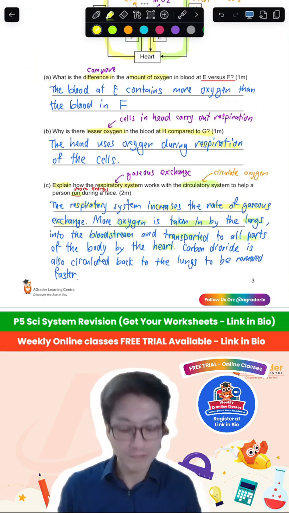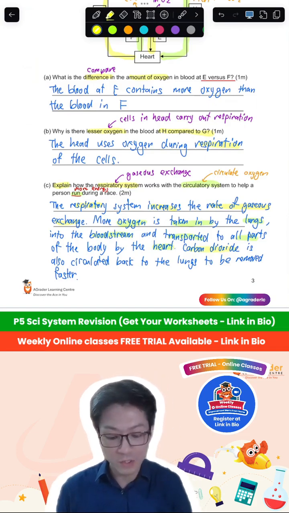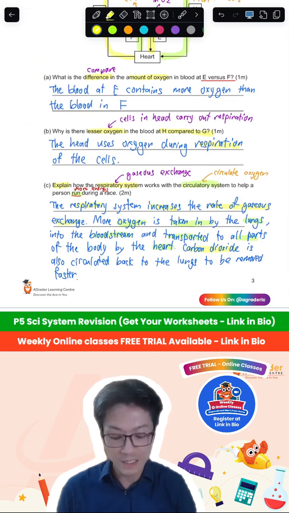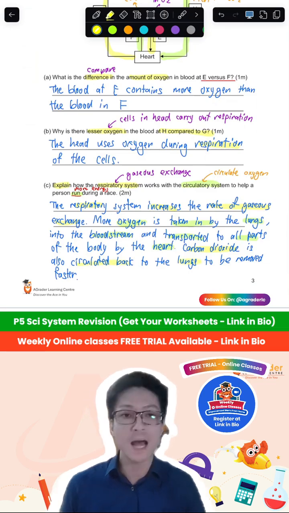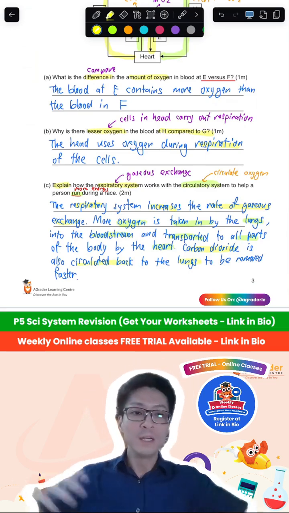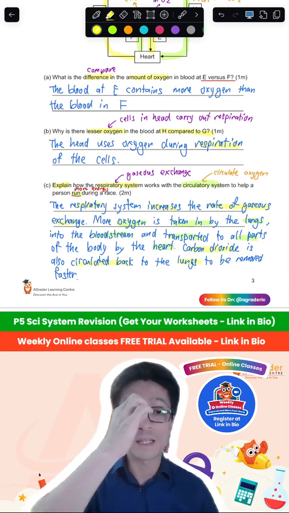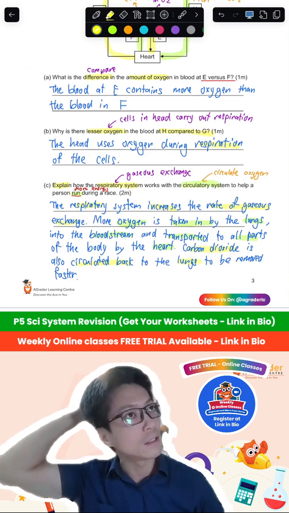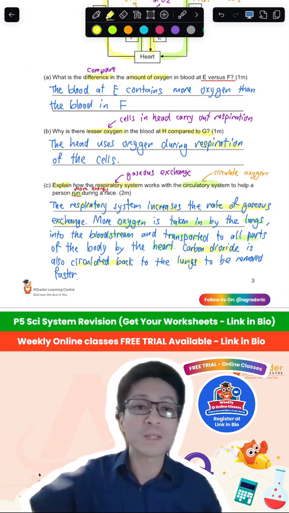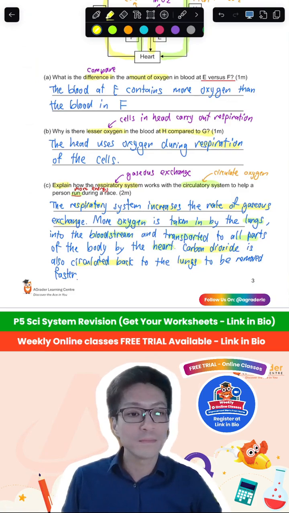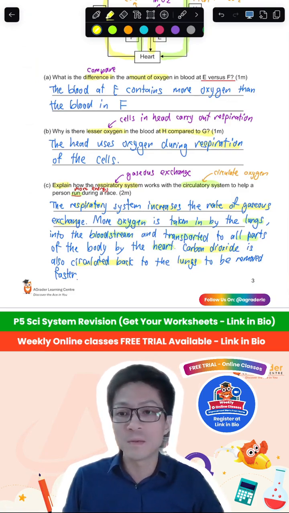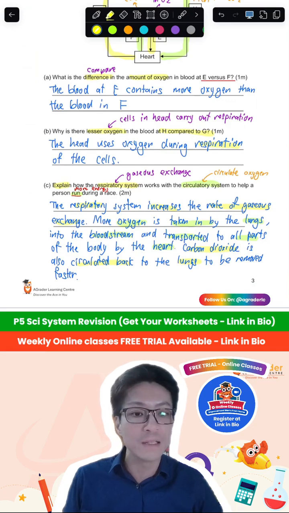And lastly, talk about the carbon dioxide that is also being removed as it is circulated back to the lungs. So exchange of gases is done quickly, so that you can increase the rate of respiration, and then you will be able to run at a very high rate.